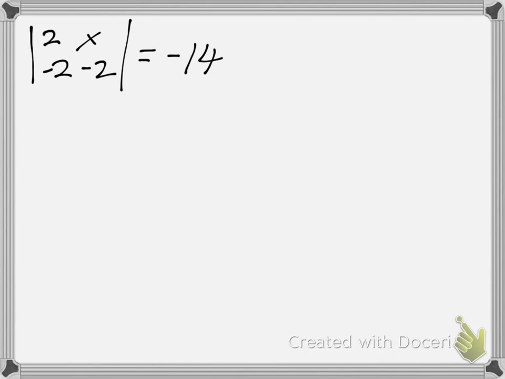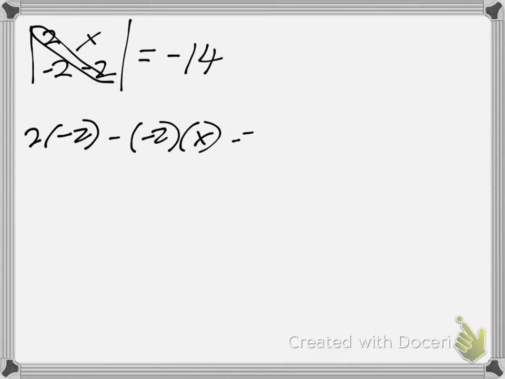Ideas, thoughts, what do you do? You set it up the same way and put it equal to negative 14. Bingo. Set up the exact same way. So, you go down your first diagonal, 2 times negative 2, minus negative 2 times x, except this time you know it equals negative 14 already, and then you work it out to find what x is, solve that quick equation.